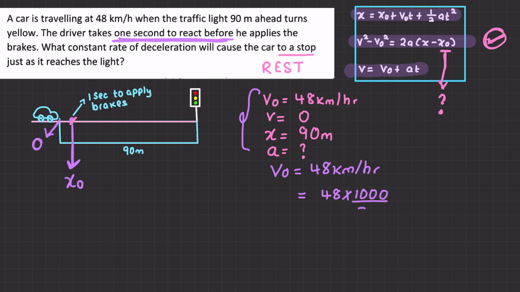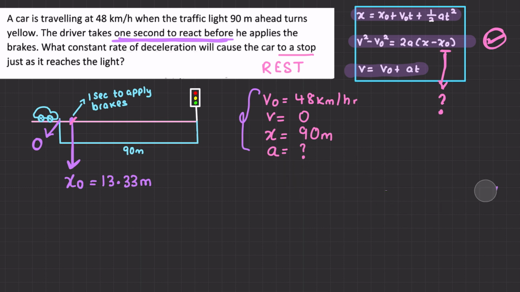So do 48 times 1,000 all over 3,600, which will give us 13.33 meters per second. Now we know that his initial distance is 13.33 meters because he moves 13.33 meters per second and is starting just after 1 second. So now we have everything.